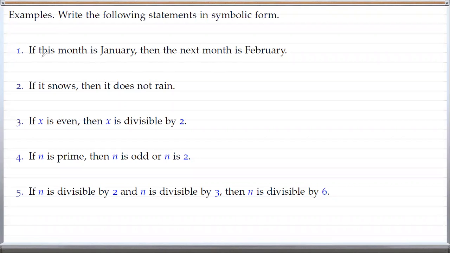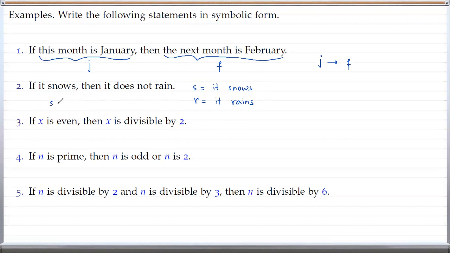So we can let this part, this month is January, to be J, and the next month is February to be F, then it becomes J implies F. Similarly, the next one, let's call S to be it snows, and let's call R to be it rains. Then we have S implies not R because it says it does not rain.